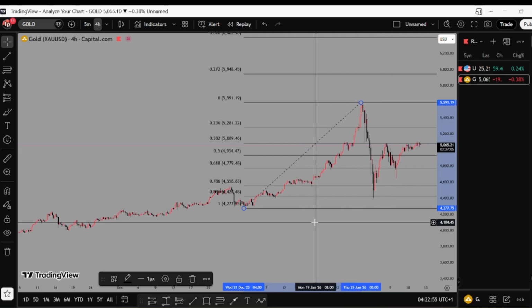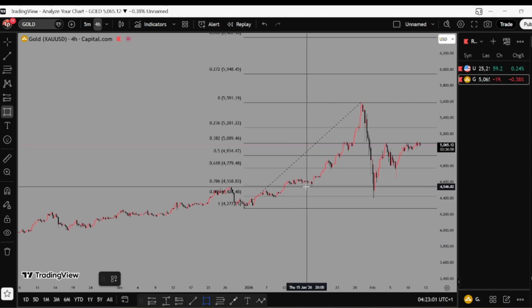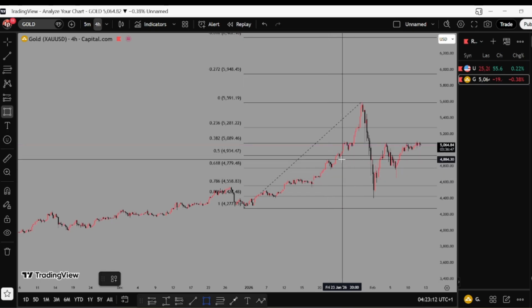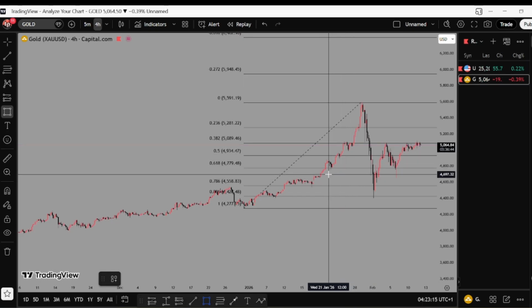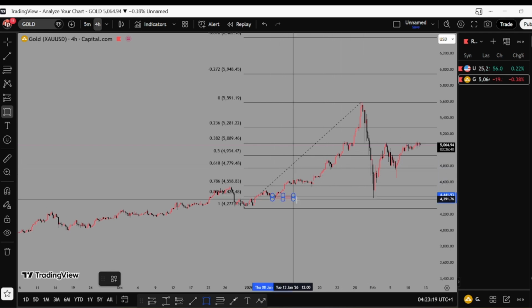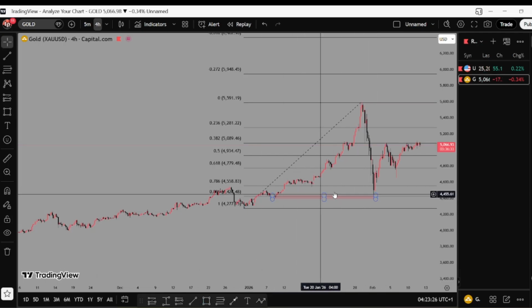So what I'm going to do is mark out the levels which this price retraced. When you are trying to get a pullback, there are what we call liquidity levels, and these liquidity levels come before the supply or demand zone. When you're looking for a buy, you get demand zone levels depending on where the price is trying to reach, which is at this level.